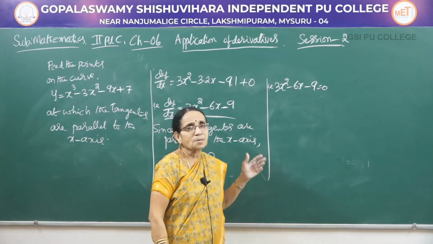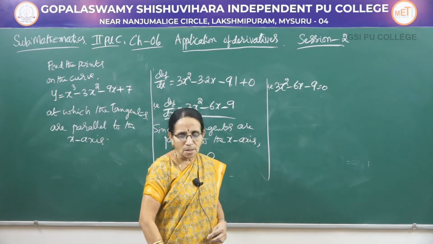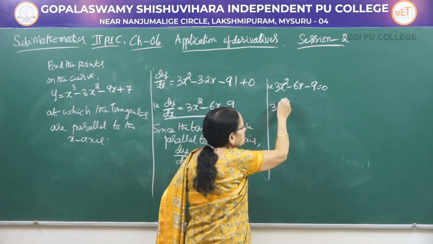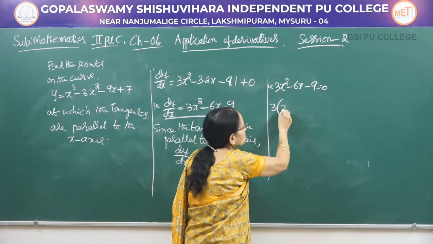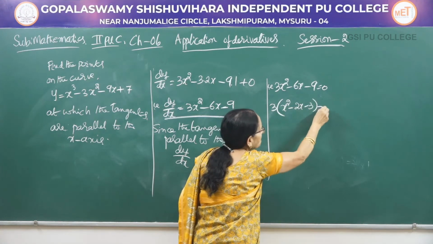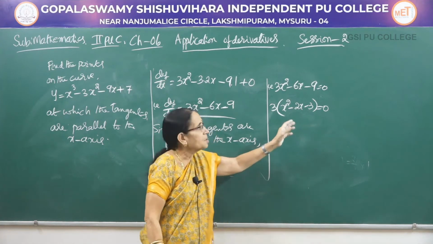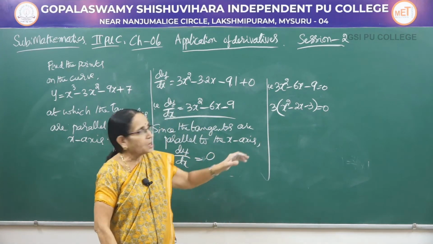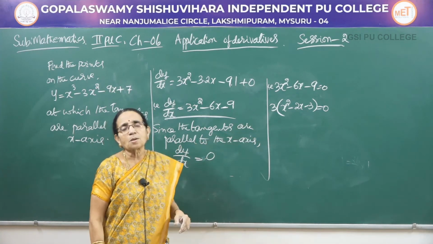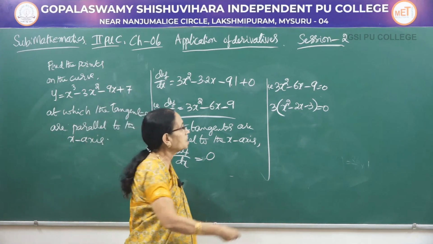Now, it is a quadratic equation. You are very much familiar with the solution of the quadratic equation. That's what we are going to find out here. Take out 3 as a common factor. What is remaining? x square minus 2x minus 3 equal to 0. 3 into that equal to 0 means 3 cannot be equal to 0. Therefore, you can equate the other quadratic part, that is x square minus 2x minus 3 equal to 0.